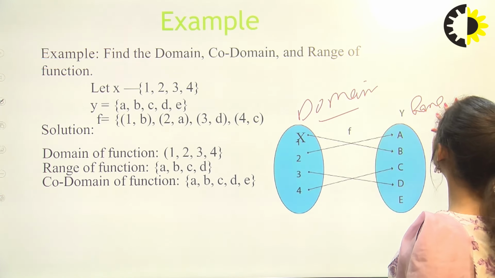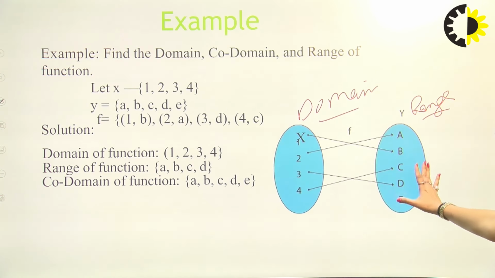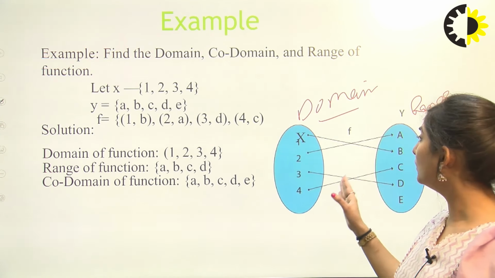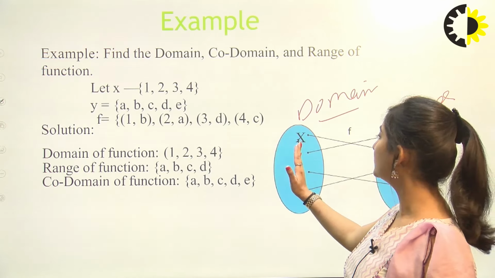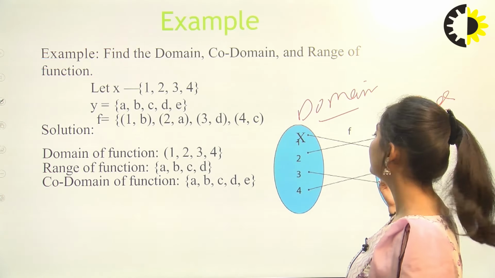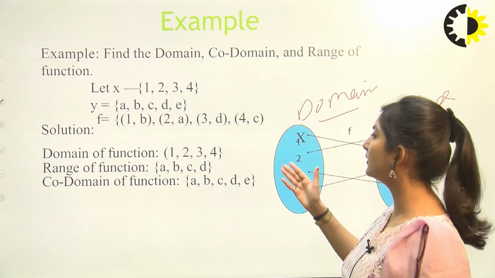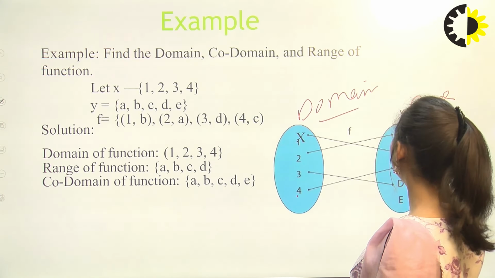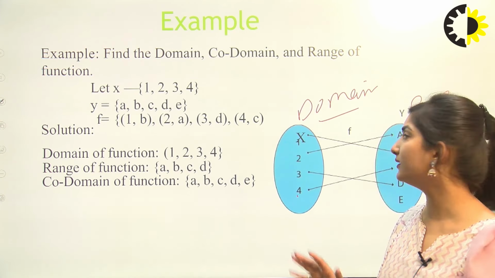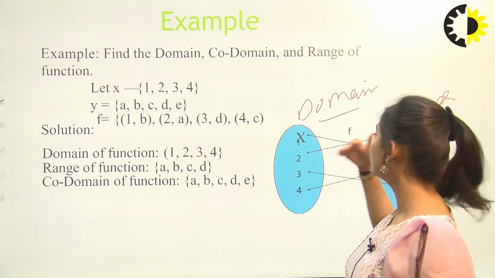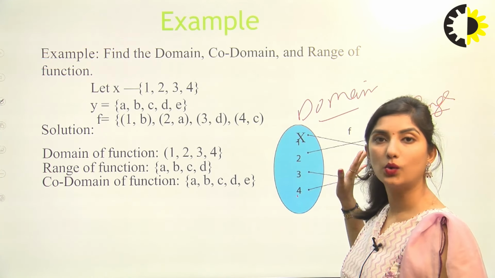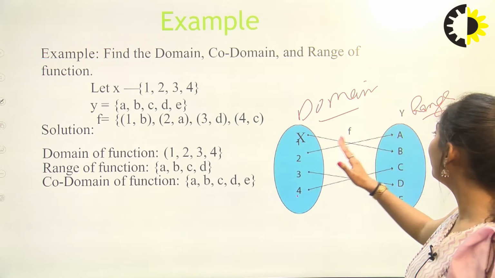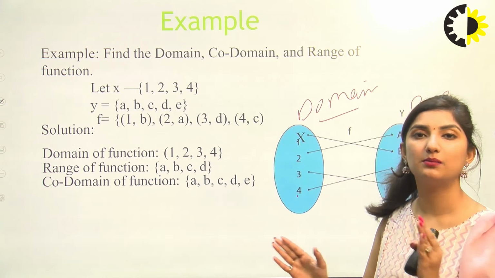So when the elements of this set map to the elements of the other set respectively, these elements of the first set are called the domain and the other are the range. So 1, 2, 3, 4 here are the domain, range are A, B, C, D, codomain are A, B, C, D, E, right? So everything which is in set A is your domain, everything which is in set B is your codomain. Range means those elements which are participating in the exact mapping.